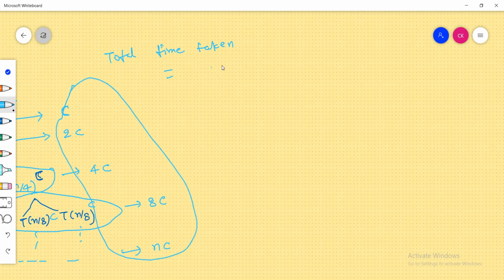So this will be c plus 2c plus 4c plus 8c plus till nc. And if we take c common from all this, this will be 1 plus 2 plus 4 plus 8 plus up to n. This is plus, actually, this is n.